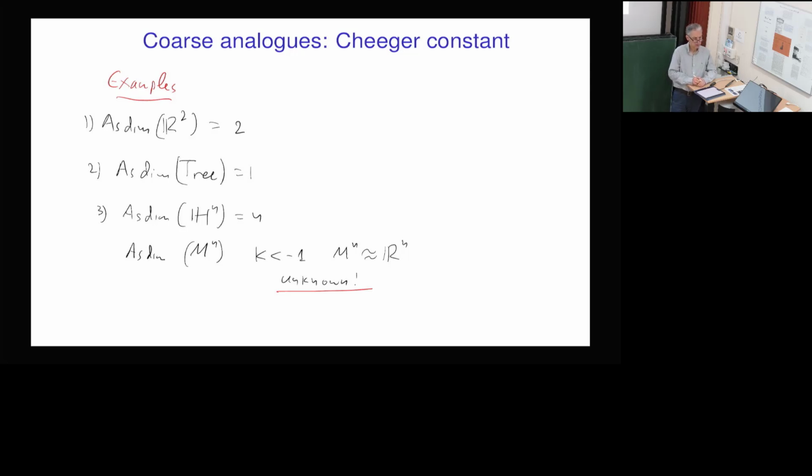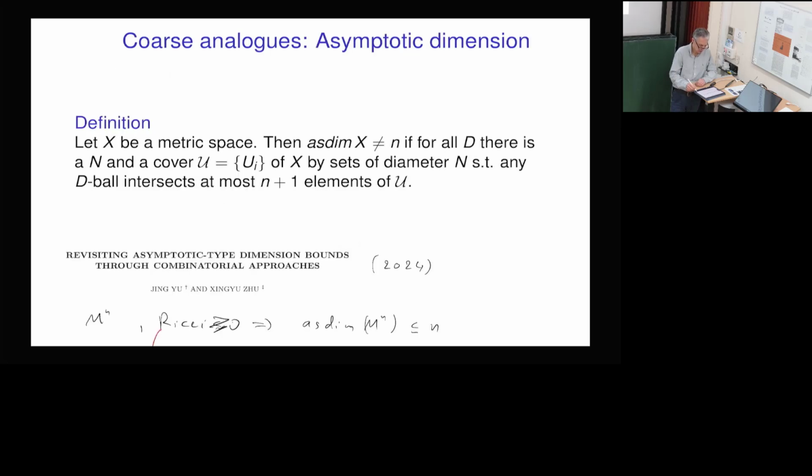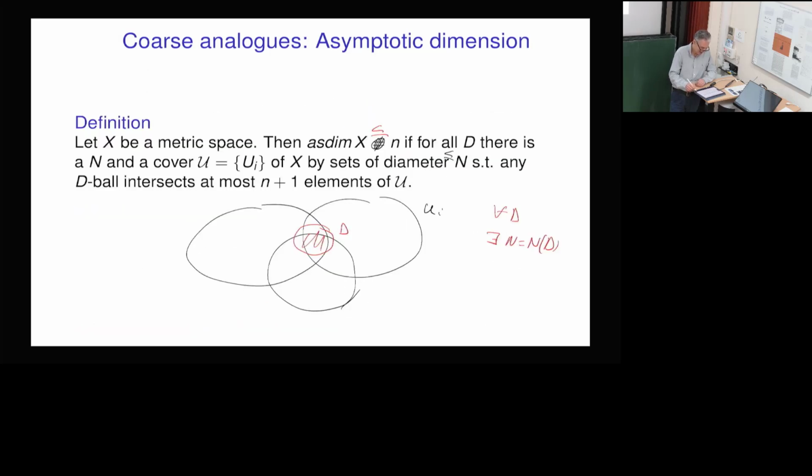Are there spaces where asymptotic dimension is strictly less than k? So my question is about the growth. Okay. Let's see, what was the theorem?